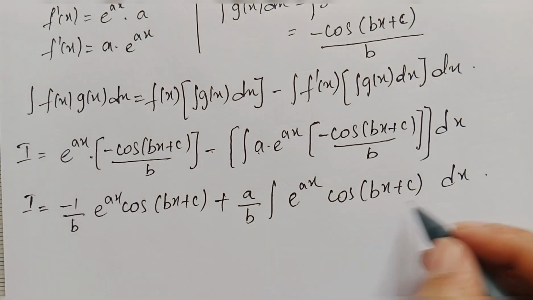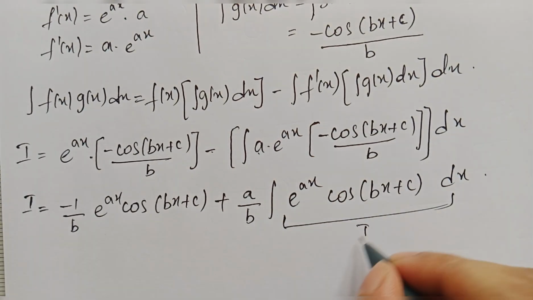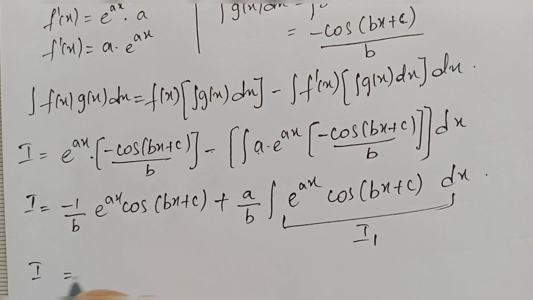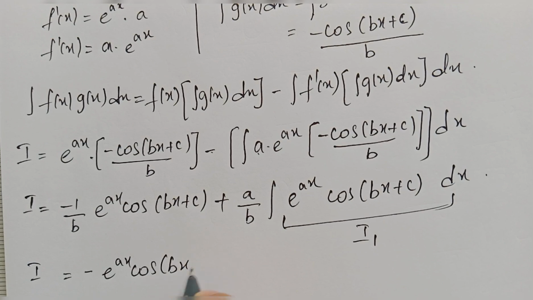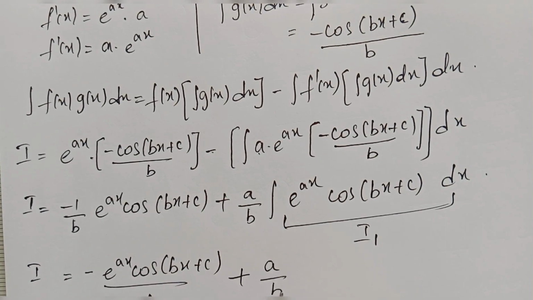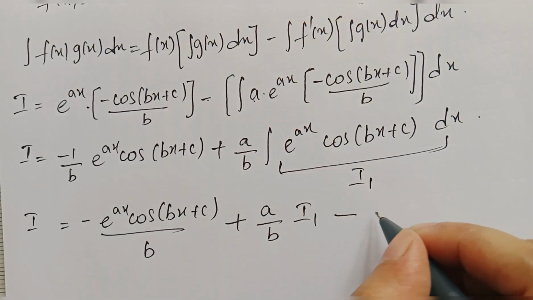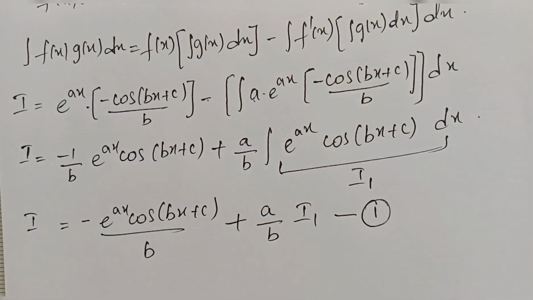We will consider this as I1. So we can write I is equal to minus e^(ax) cos(bx + c) by b plus a by b into I1. Consider this as equation 1.